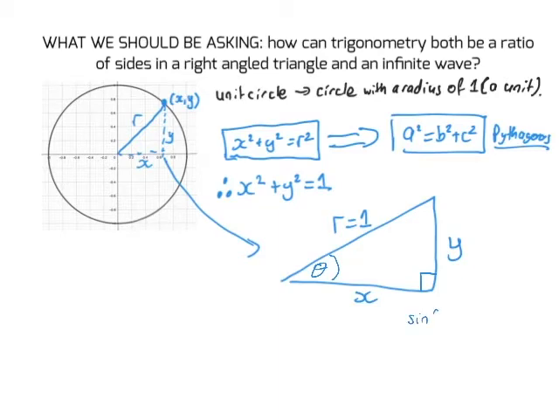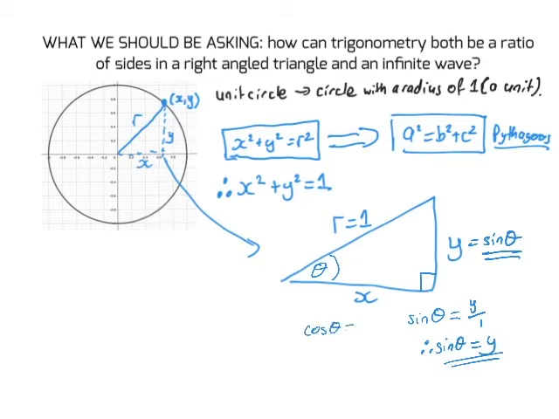So sine theta is opposite over our hypotenuse, so opposite is y, hypotenuse is 1. So we get that sine theta is equal to y. So it means y is equal to sine theta. Can do the same with the adjacent and the hypotenuse.